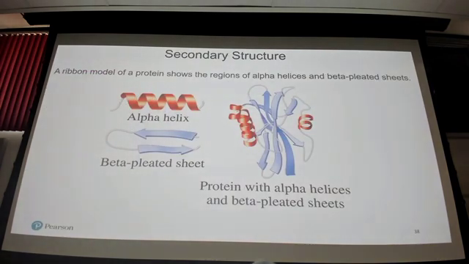These alpha helices or beta pleated sheets can appear in a protein by just that secondary structure, or you can have both in one polypeptide, and that's going to be based on the sequence of amino acids, because that dictates how close the molecules are to each other based on the arrangement of the side groups.